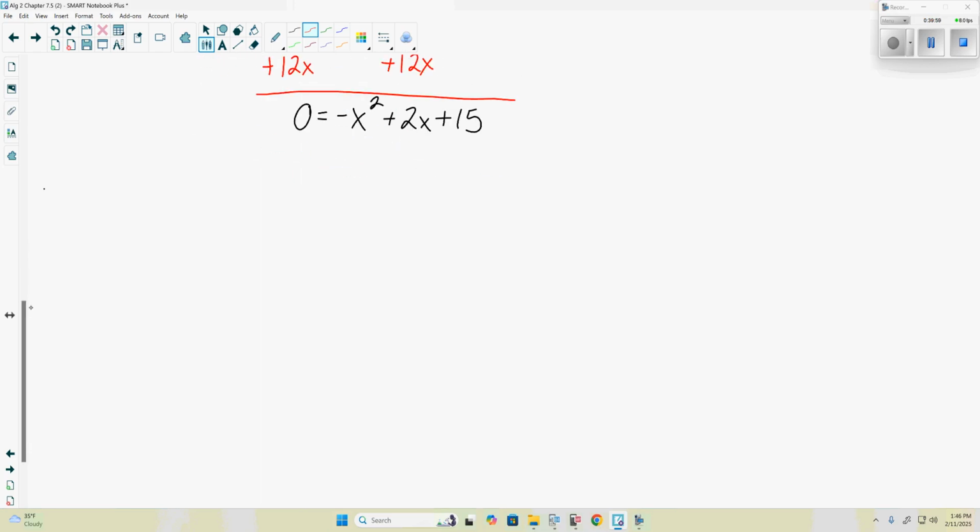So we end up with negative x squared plus 2x plus 15. Now to factor this, to make this nicer, I'm going to factor the negative out. I want that first term, that x squared term, to be positive, because it's going to make things nicer if that term is positive.